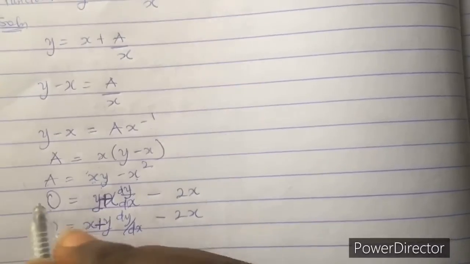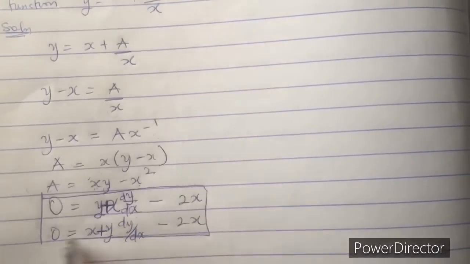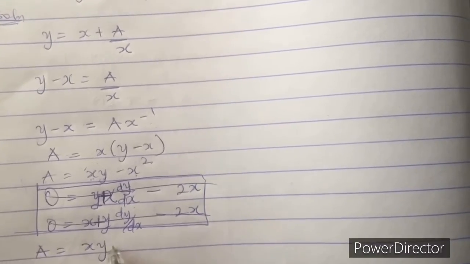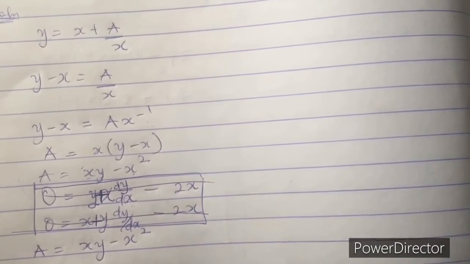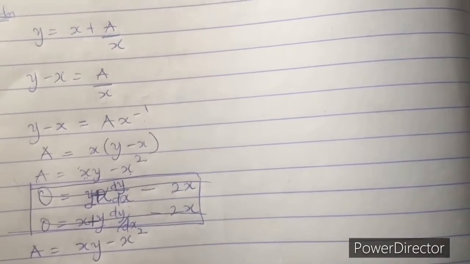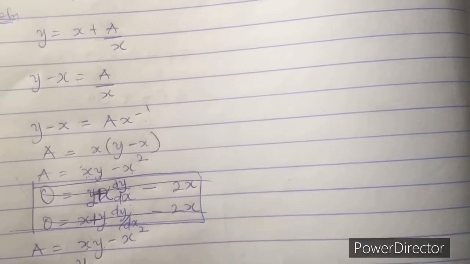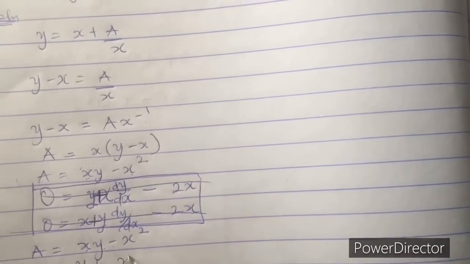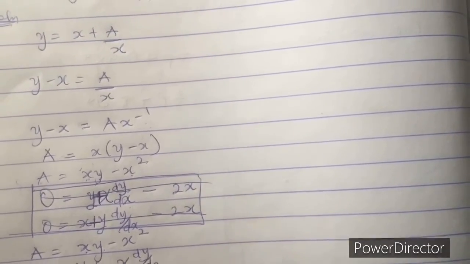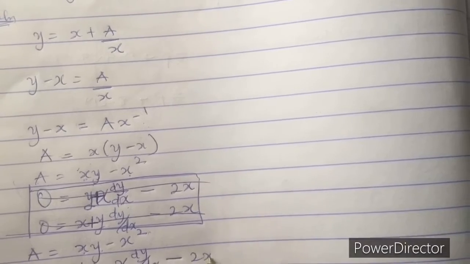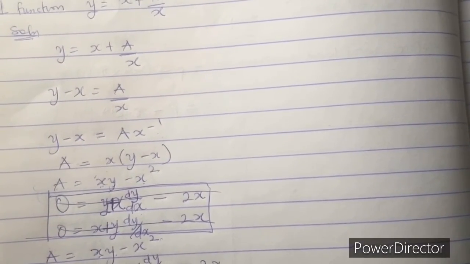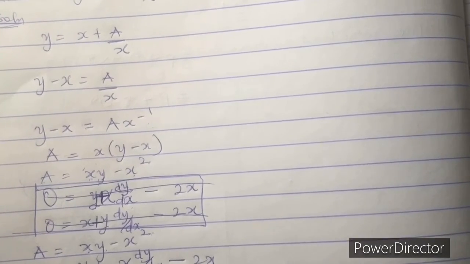Let me just clear away this side. Sorry. Now writing this equation, a is now 0. When you differentiate this, it remains y, plus x dy/dx, minus 2x. I hope this will clear our doubt. After that, you can collect the like terms.